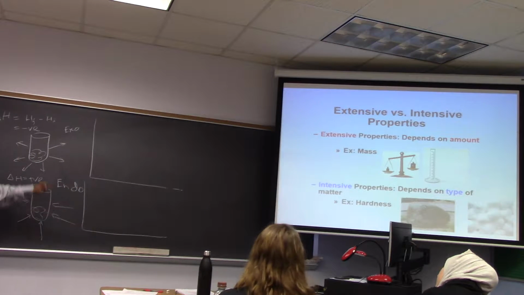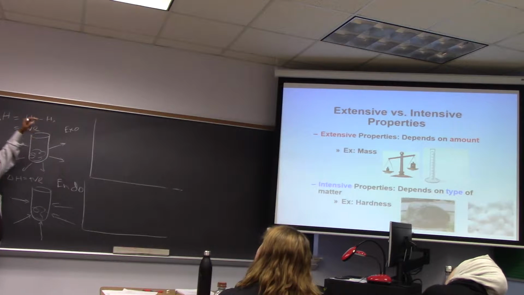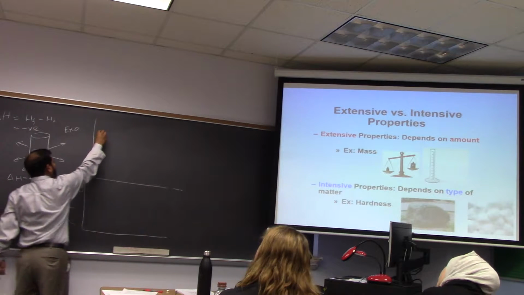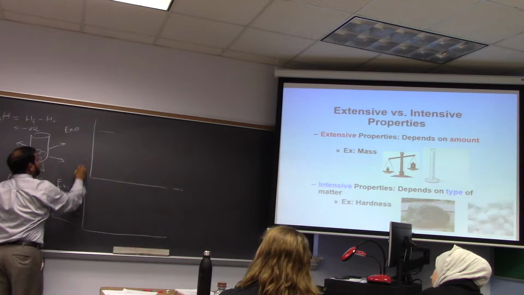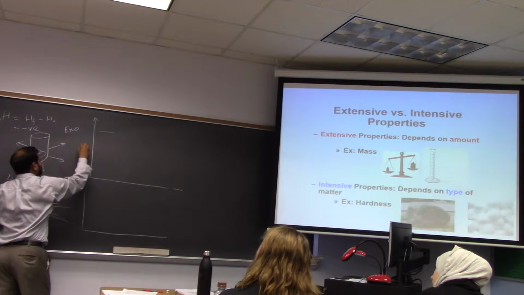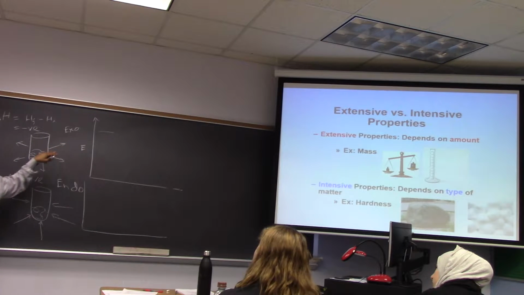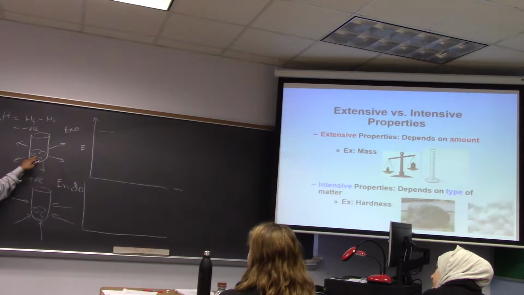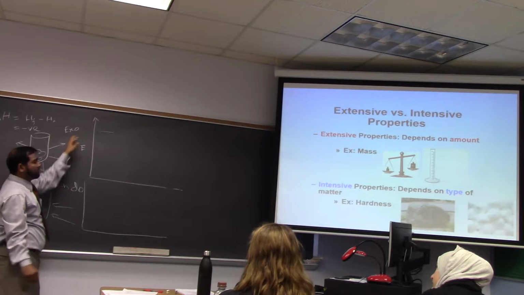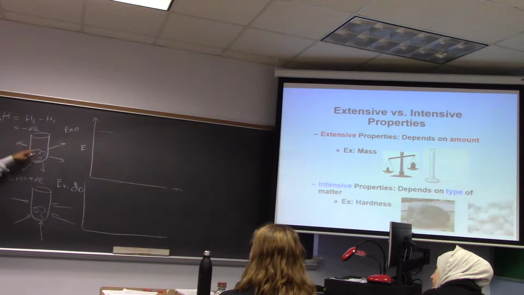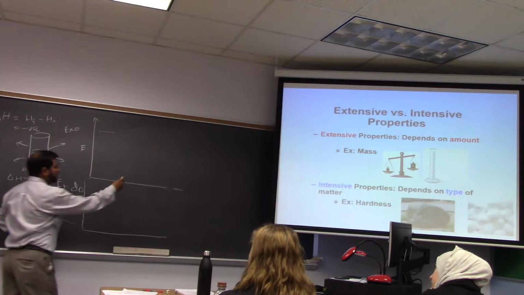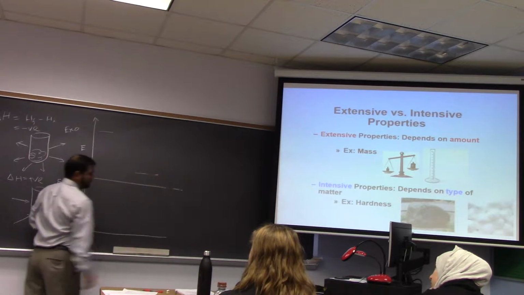In an exothermic reaction, initially there was very high energy. This axis is energy, and this energy is potential energy, how much energy you have in the system. Initially it was very high because it released all the heat. Finally, after releasing, it becomes very small energy.